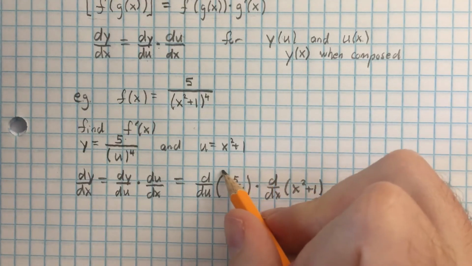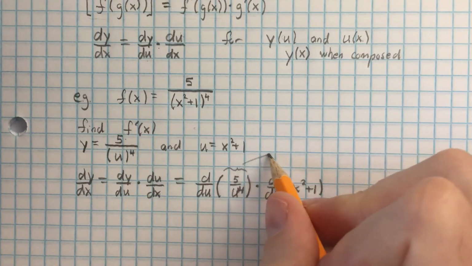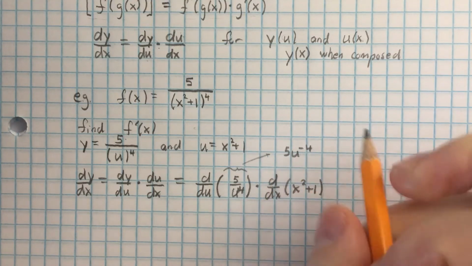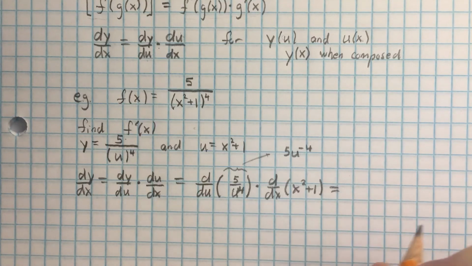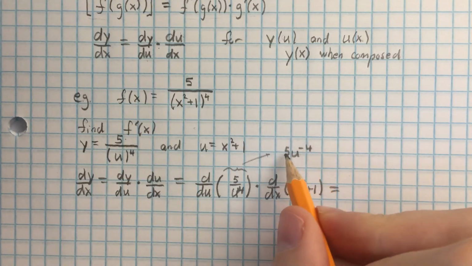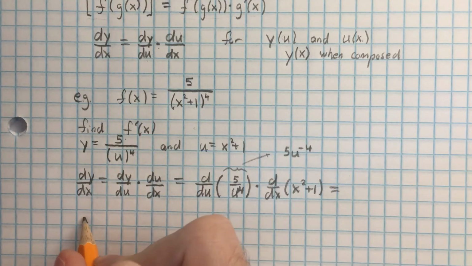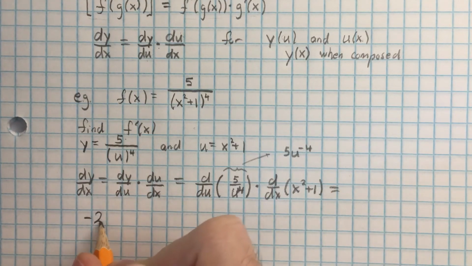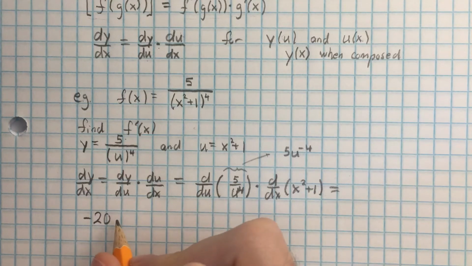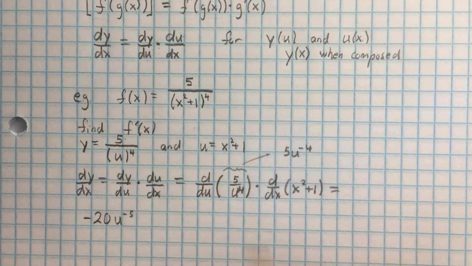And of course for this one here, I would view it as 5u to the negative fourth when taking the derivative, and we would get the negative 4 coming down, negative 20, join with the 5, negative 20, u to the negative fifth, it's got to go down a power, it's a power rule, and times the derivative of x squared plus 1 should just be 2x.